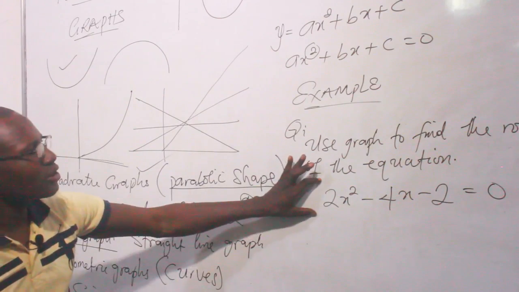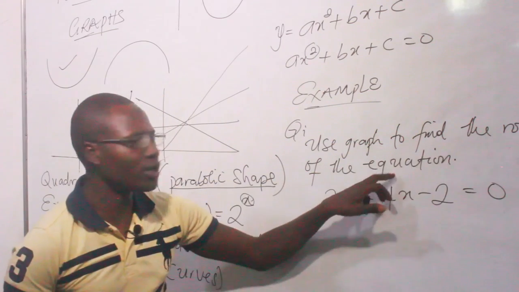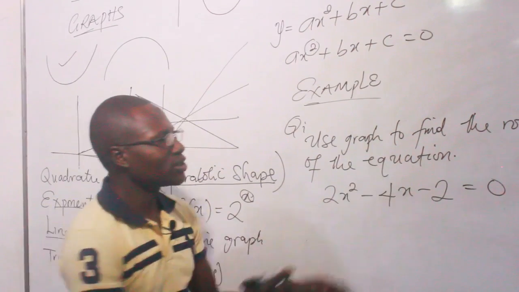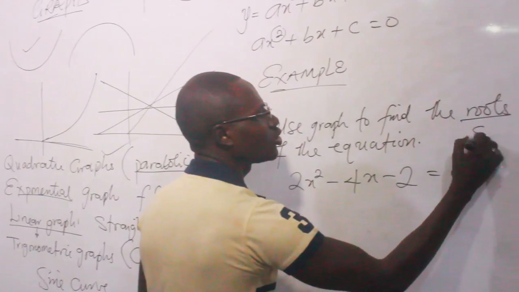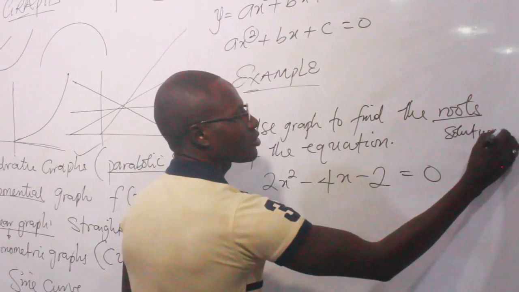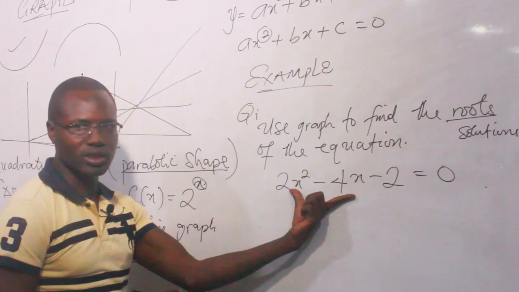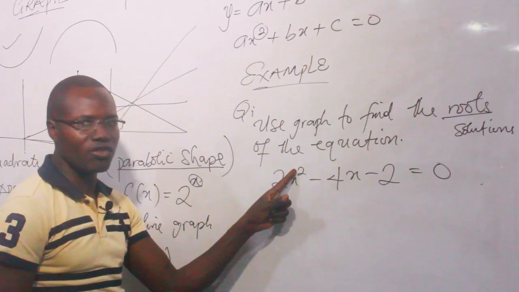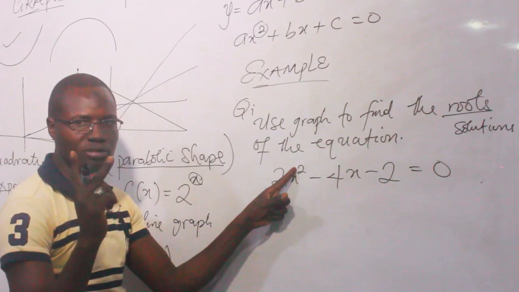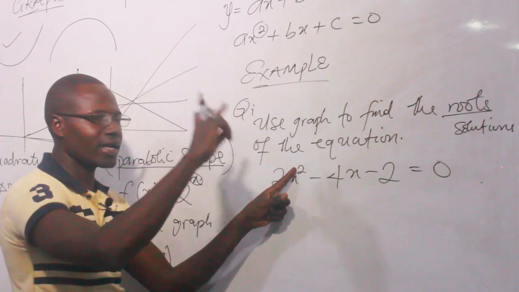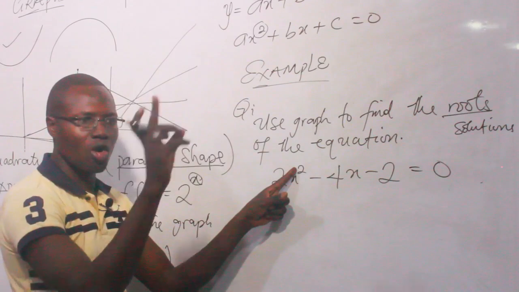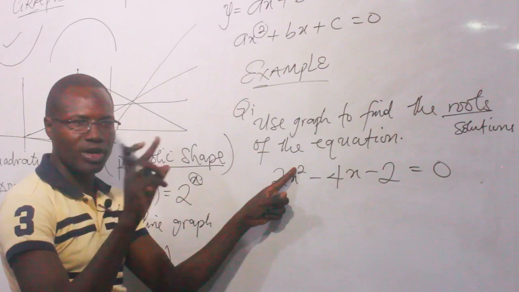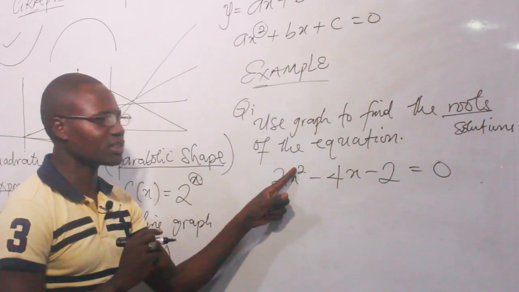Use this equation to find the roots of the equation. What are the roots? The roots mean the solutions to the question. Since it has a degree of 2, we must have two possible answers, either negative and positive, or positive and positive, or negative and negative respectively.